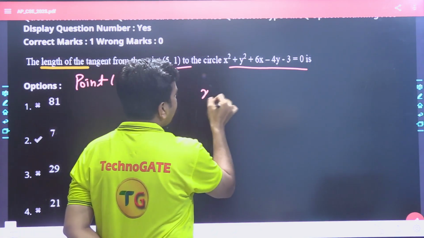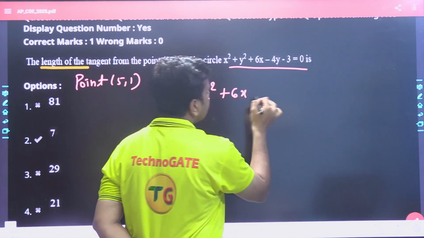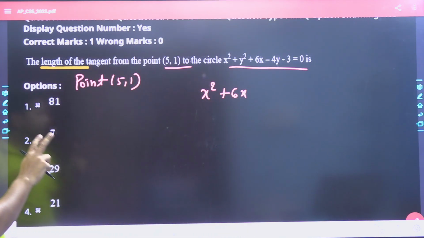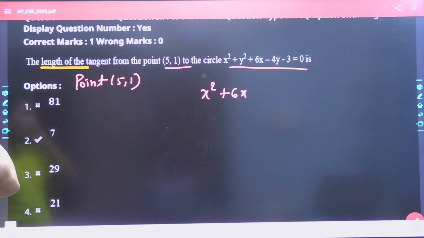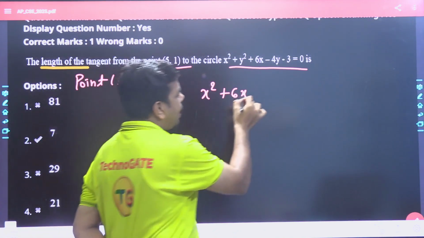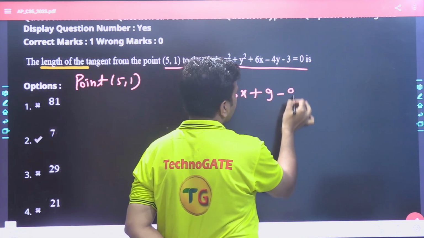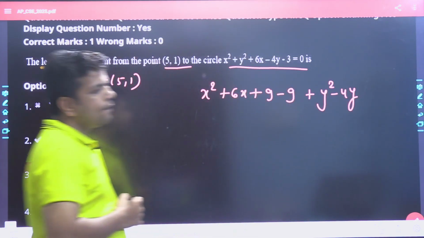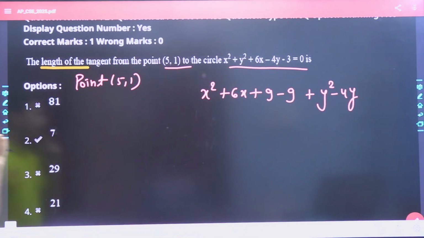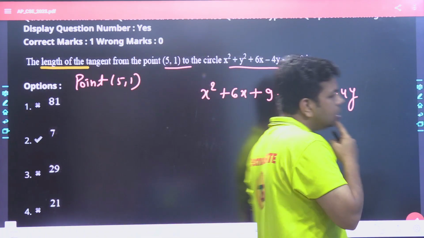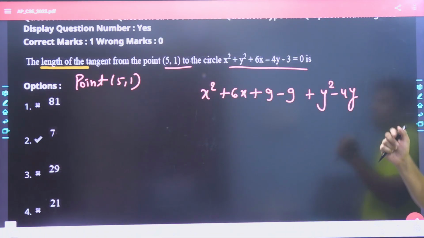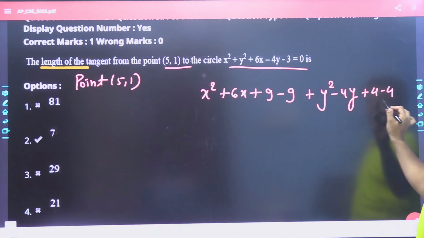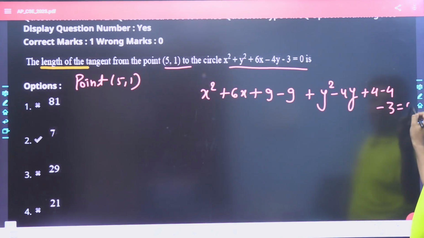See, x square plus 6x, if we take plus 9 minus 9, plus y square minus 4y, after that we can write plus 4 minus 4, the minus 3 is also given to us, is equal to what?